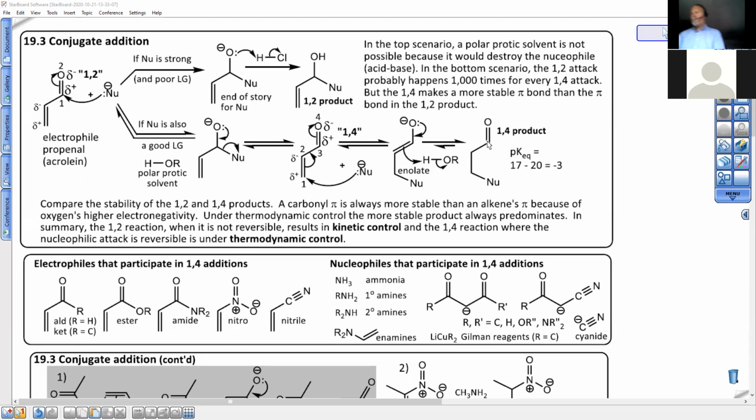The 1,4 product will predominate. So we need a combination of one of these good nucleophiles that's also a good leaving group. We need to have some kind of pi bond on the carbon that's alpha to the beta position. And then these nucleophiles will attack the beta position and generate this kind of 1,4 product instead of a 1,2 product.